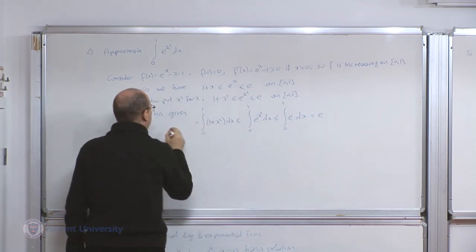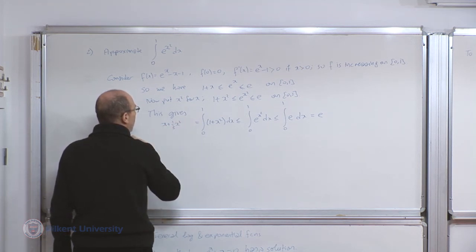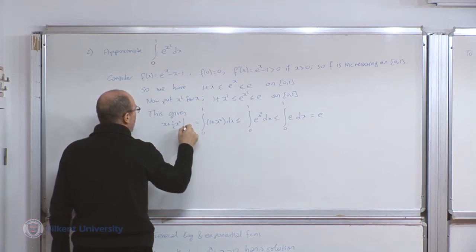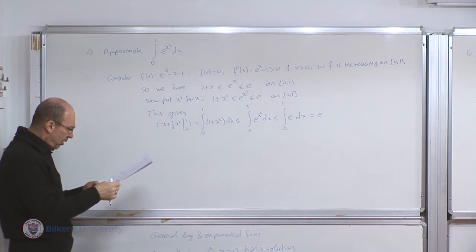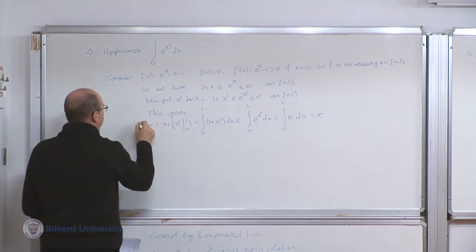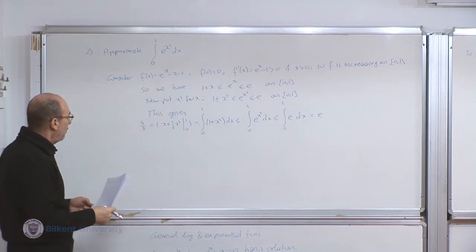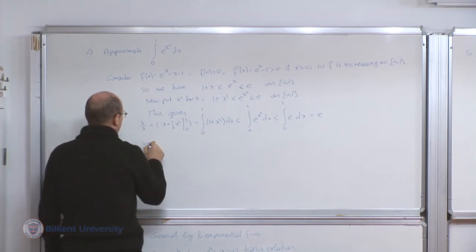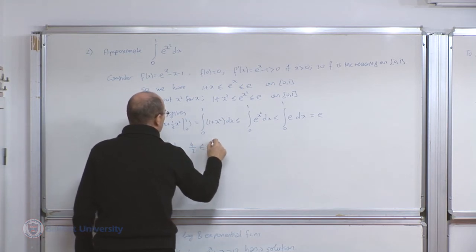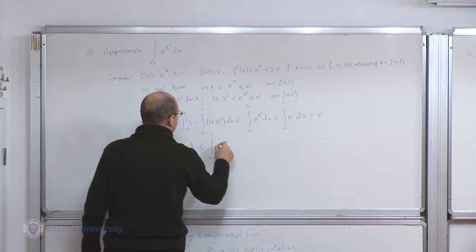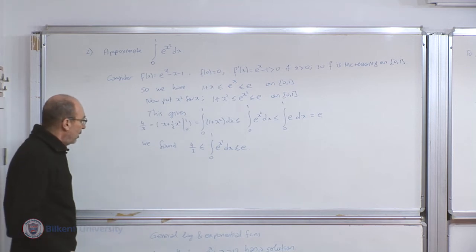This part is x plus 1 over 3 x cubed, from 0 to 1. And then when you put in the numbers, this is 4 over 3. Okay, so we found 4 over 3 less than or equal to the integral from 0 to 1 of e to the x squared dx less than or equal to e.